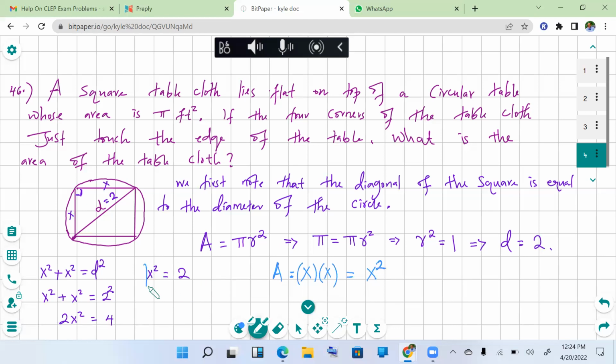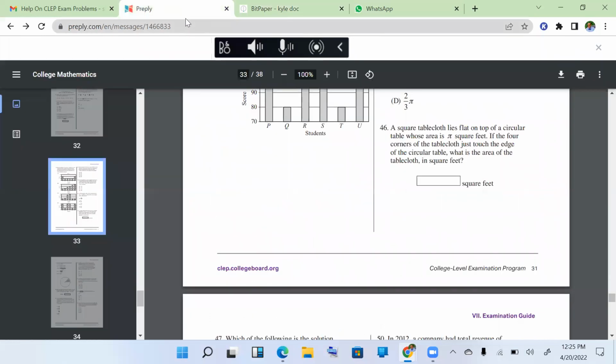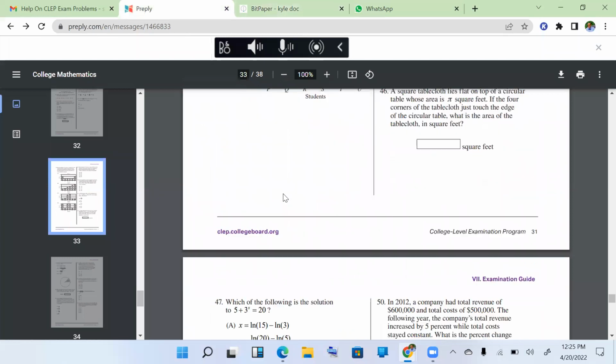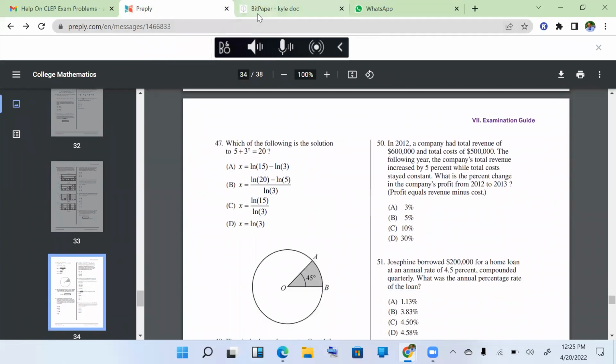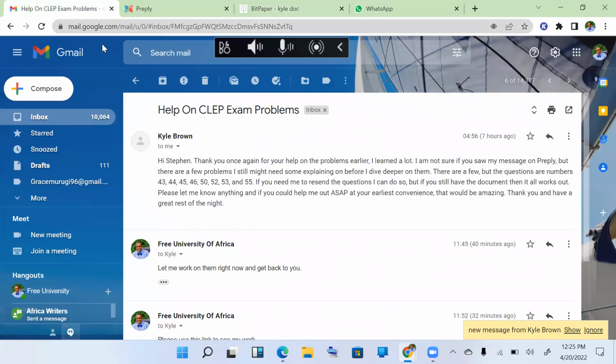But we already saw that x squared is 2. And this is going to be the area of the tablecloth. So the area of the tablecloth is going to be 2 square feet.